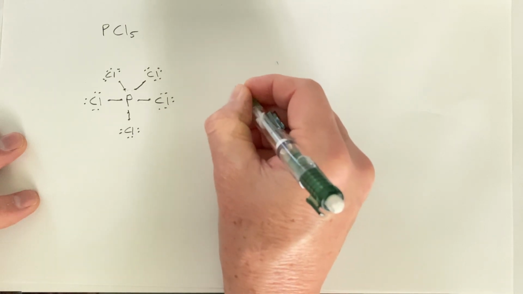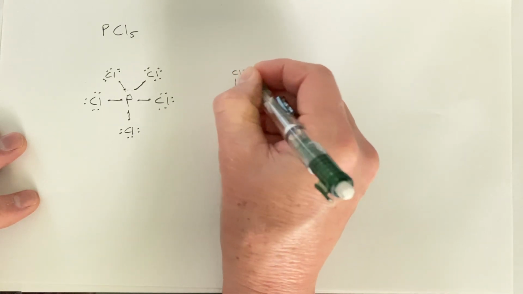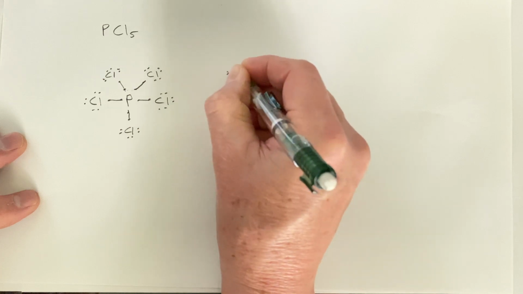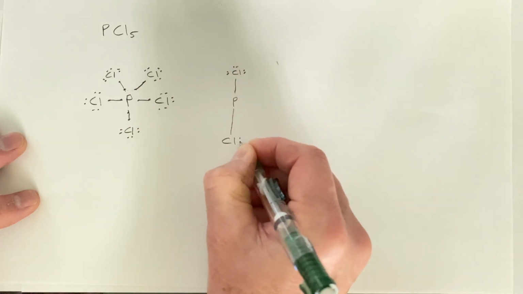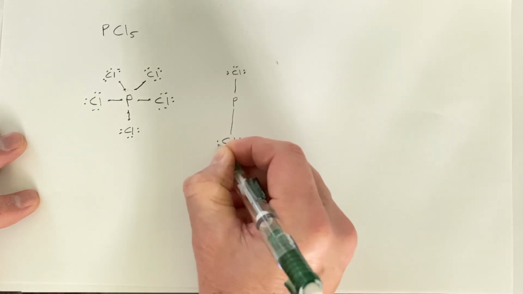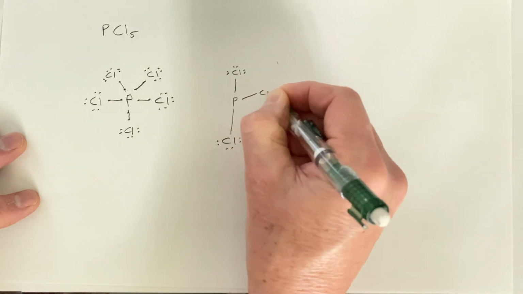And the answer is, well, maybe we can have a little better 3-dimensional representation of PCl5 by drawing it as so.